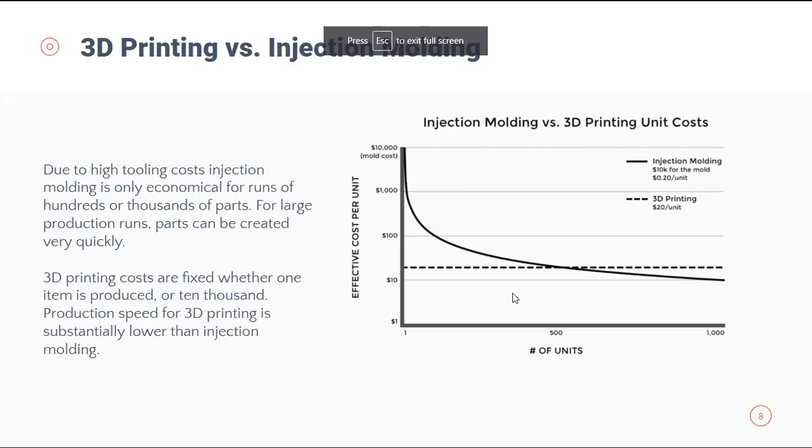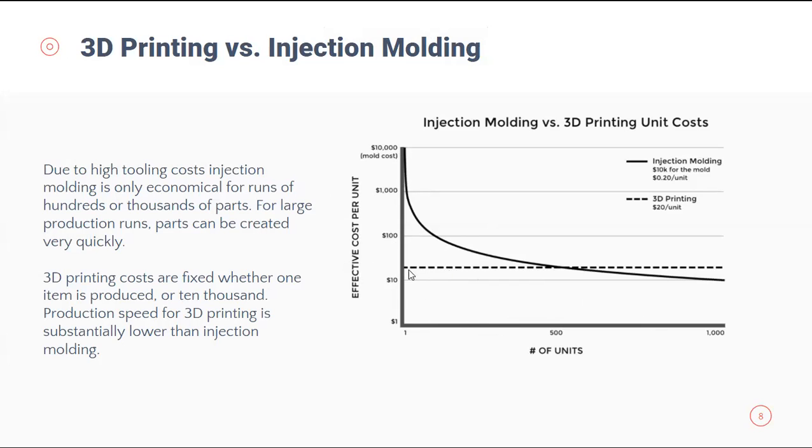Okay, so there is this comparison in terms of the quantity of products you can make per unit time and their costing. This graph shows that if you have fewer than 500 units to make, like 200 units, then you can use a 3D printer.